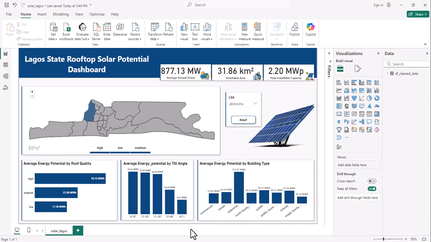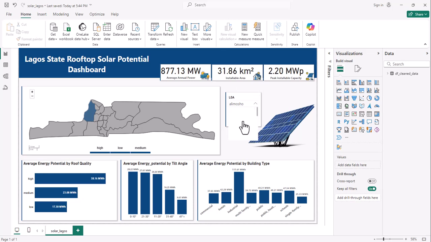Then coming to several buildings in Alimashaw, like the commercial buildings, hotels, industrial buildings, multifamily buildings, public places, health places, schools and the likes, we found out that industrial places in Alimashaw had the highest energy potential of about 117.61 megawatt hours, meaning a stakeholder that wishes to invest or promote solar energy adoption in Alimasho local government could look into industrial places by installing solar panels in some of them.